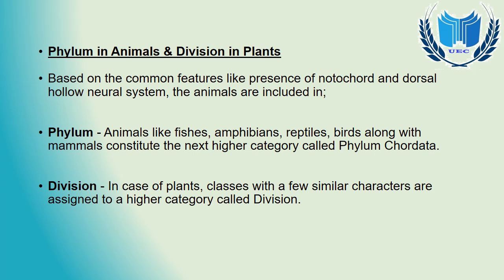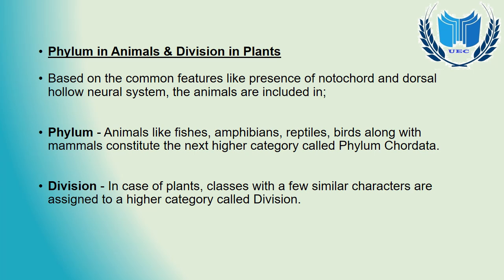Take the example of phylum Chordata. Who are the chordates? The chordates are those animals that have a notochord and a dorsal hollow nervous system. These animals are called chordates.